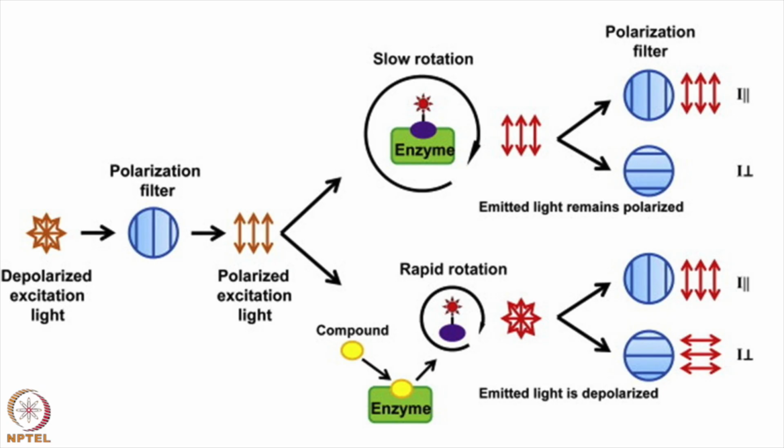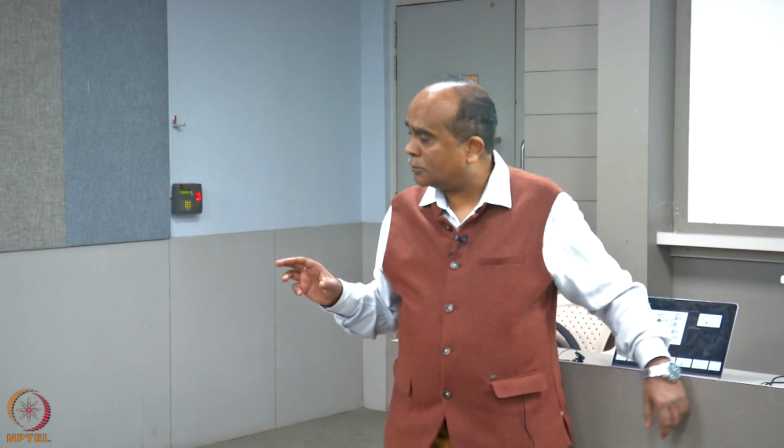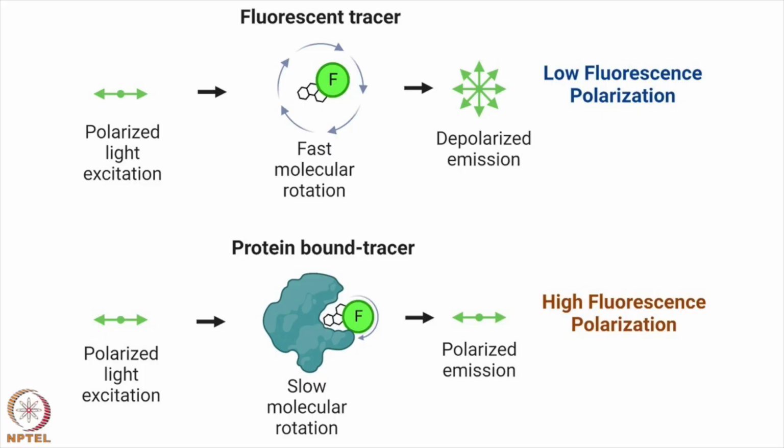The emitted light is depolarized, but when it is binding to the enzyme, it is now slowly rotating. If you do the same experiment, parallel versus perpendicular, it has not completely depolarized. So the emitted light remains polarized, and you can find out whether the molecule has bound or not. That is the kind of assay we are talking about, an enzyme substrate reaction measured by fluorescence anisotropy and polarization.